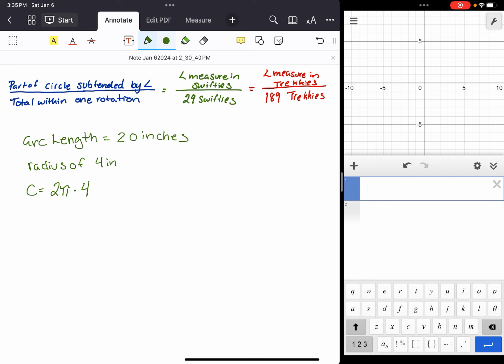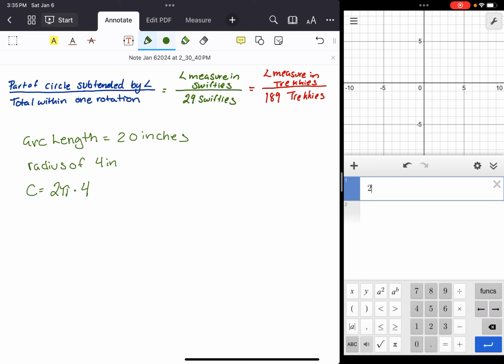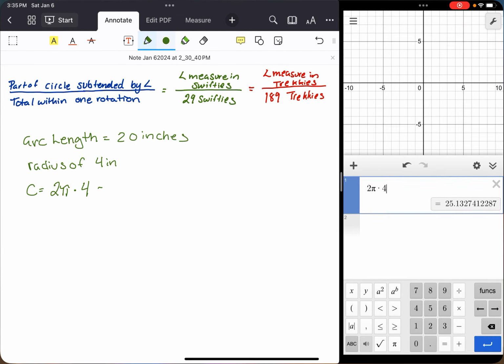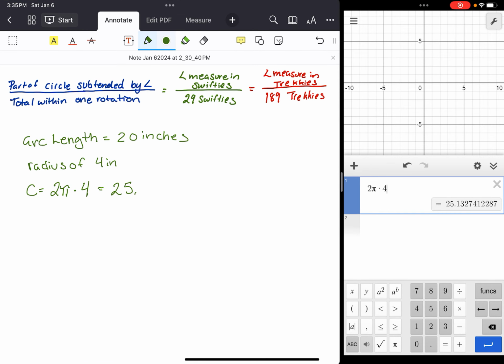And so I can go over here to my calculator and type in 2 pi times 4. And so we have a circumference of about 25.13 inches.